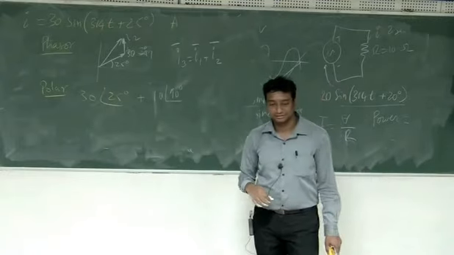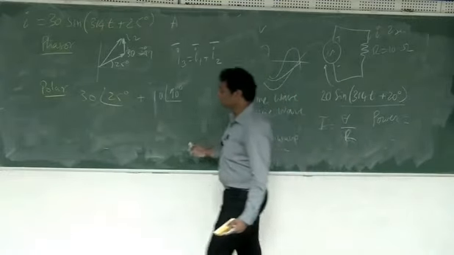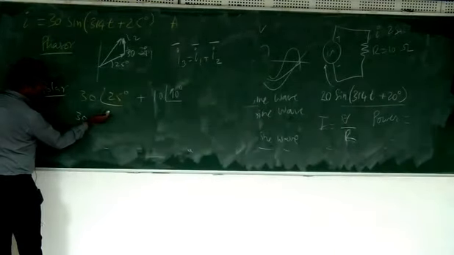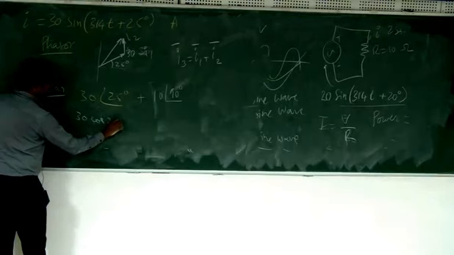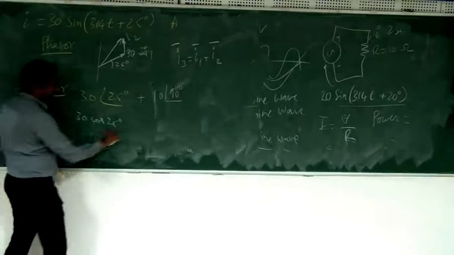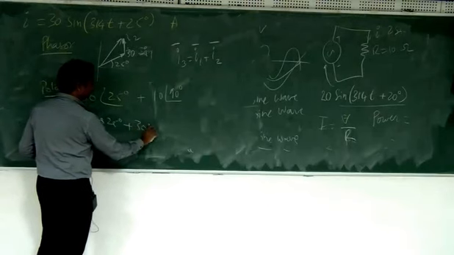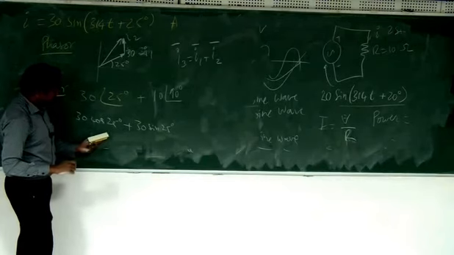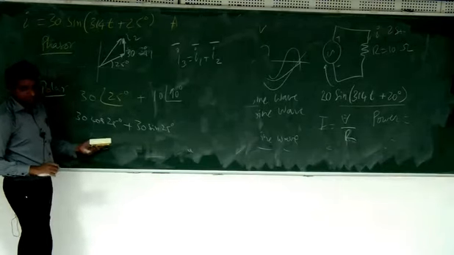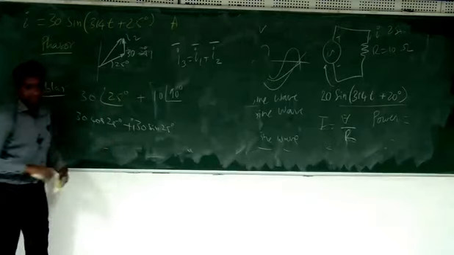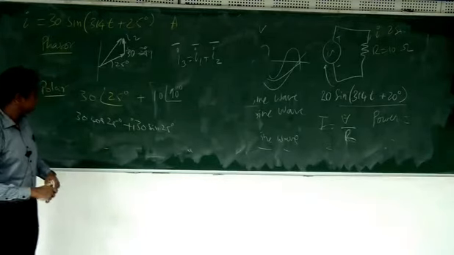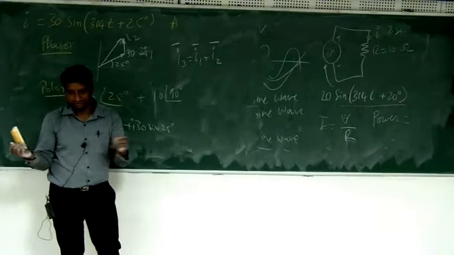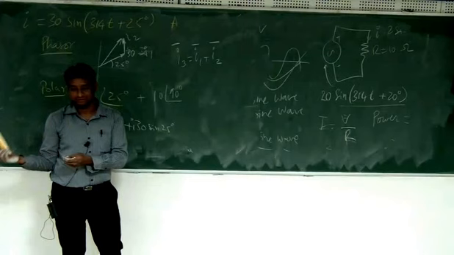How to do that? You can resolve into components. What is the x-axis component of this one? 30 cos 25. So this is the x-axis component plus 30 sin 25 degrees y-axis component. To represent that it is the y-axis component, I'll simply put j here. j is the imaginary number. I can directly add a real number with another real number, and an imaginary number with another imaginary number.